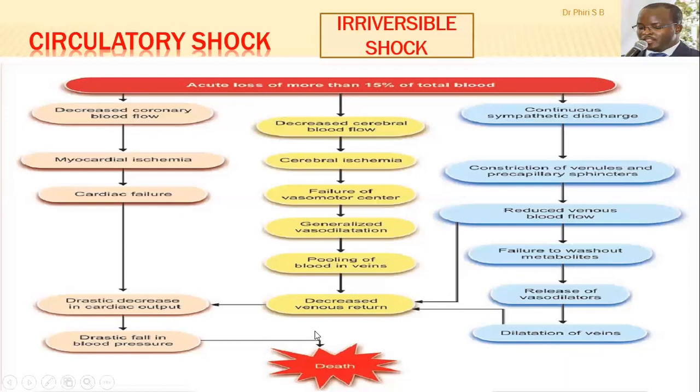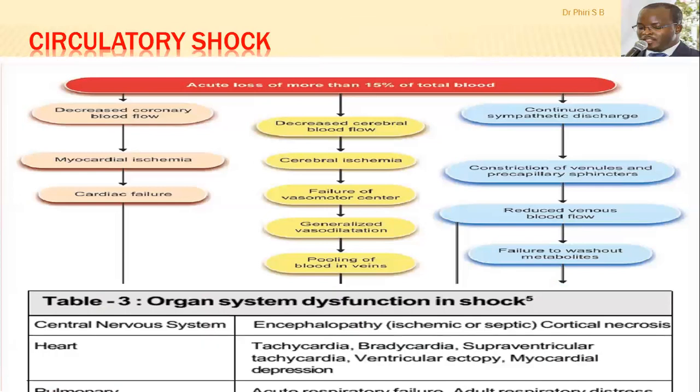So this is the irreversible shock. Even if you do blood transfusion, you have so many toxins and a lot of reactions taking place here, so it can't be compensated. So once it reaches this stage, there is no going back. The end result is death.